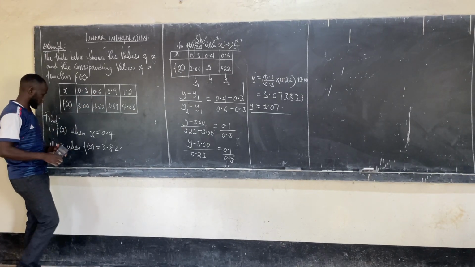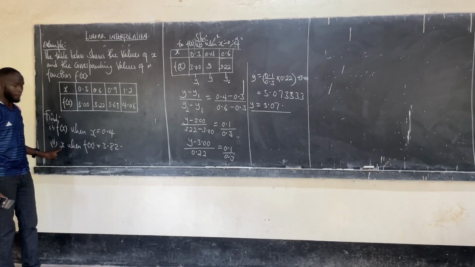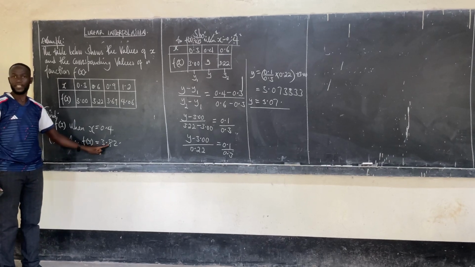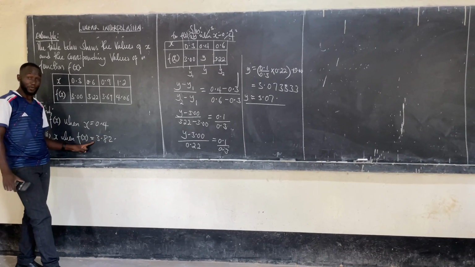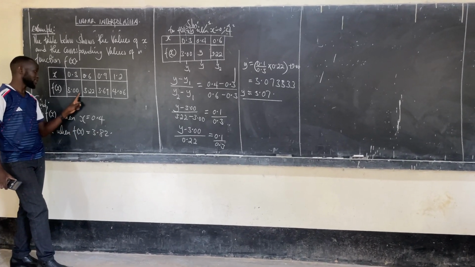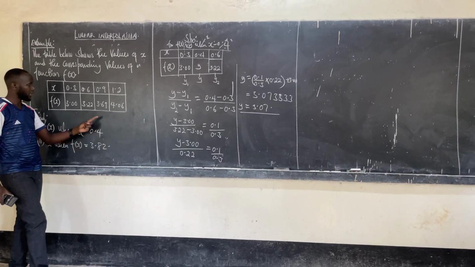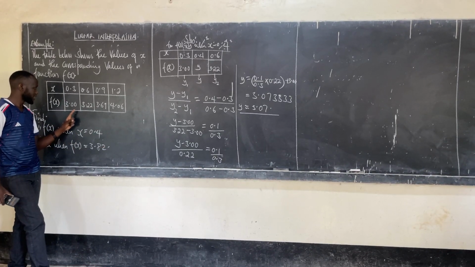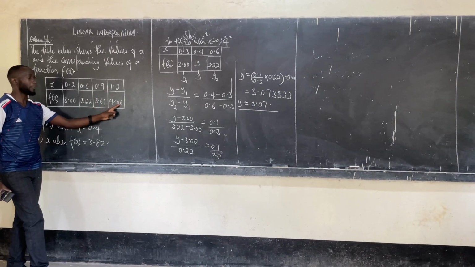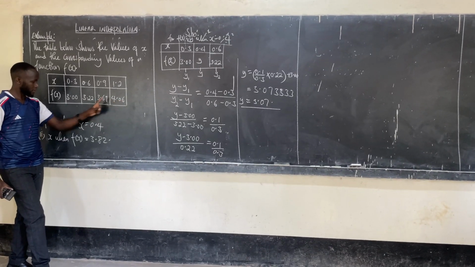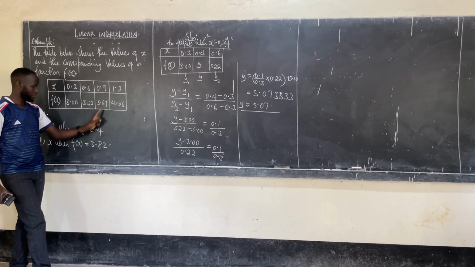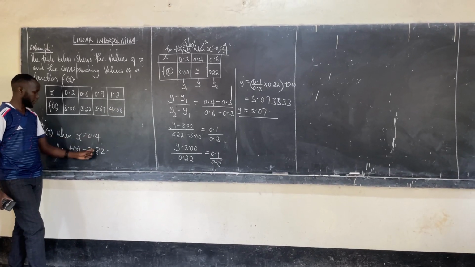Now the task is yours. You have Roman 2. Find the value of x when f of x is 3.82. This one is good to do. Why? Because here we are dealing now with the lower part. 3.82 lies in between 3.69 and 4.00, because 82 is greater than 69, but 3.82 is less than 4.